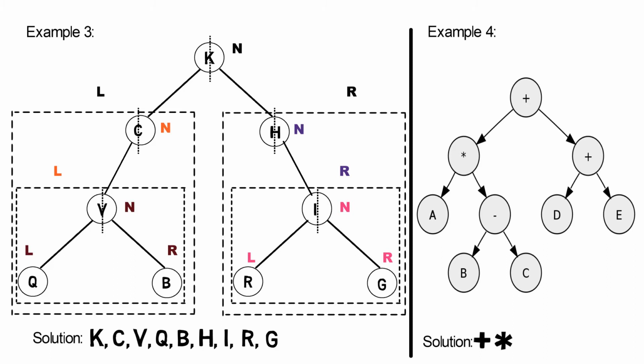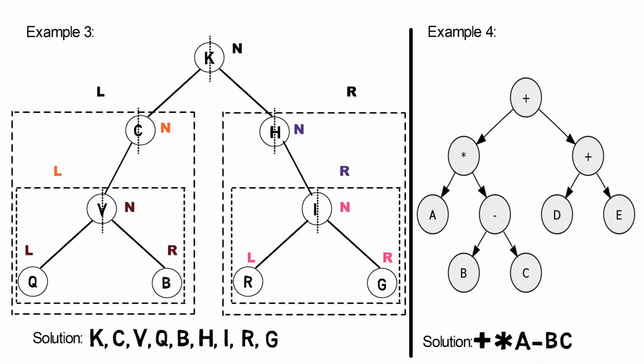Then A becomes our left subtree. Then we move to the right subtree of the multiplication symbol. Subtraction becomes the root node. B becomes the left subtree, and then C becomes the right subtree.